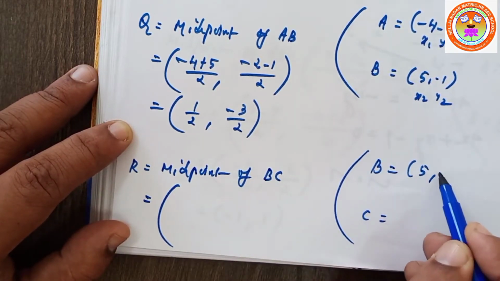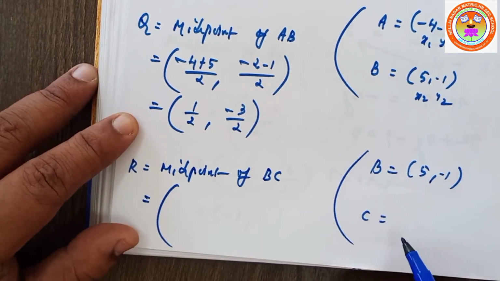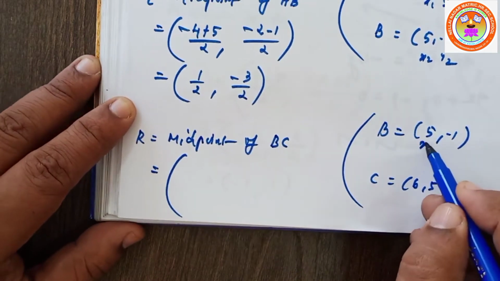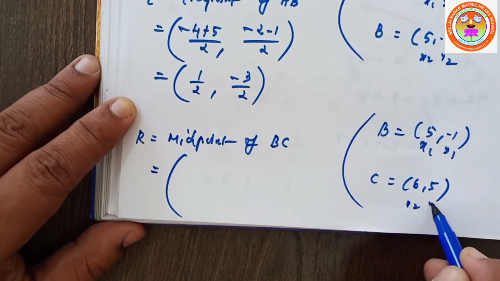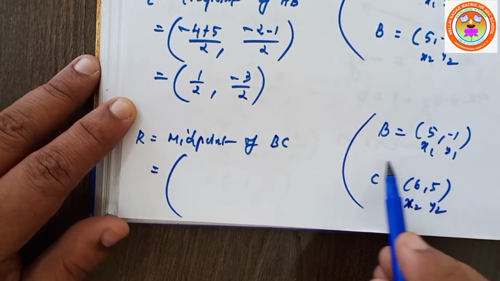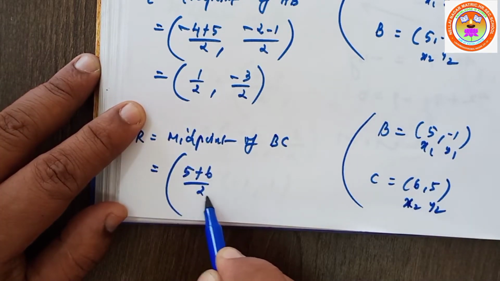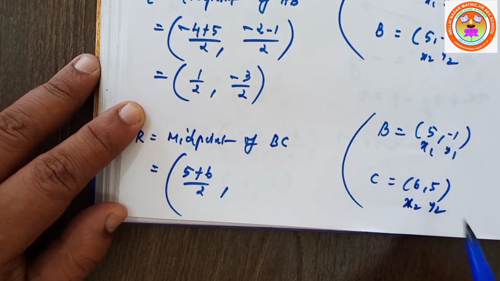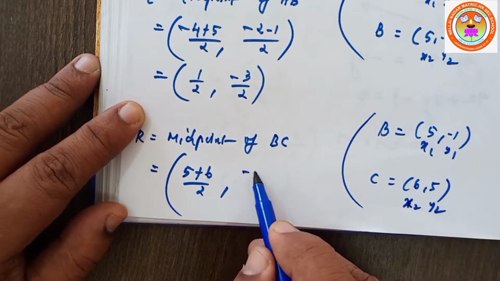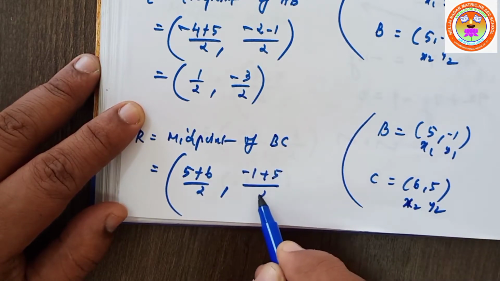B is (5, -1), C is (6, 5). This is x1 y1 x2 y2. Midpoint formula, you know that: x1 plus x2 by 2, 5 plus 6 by 2 comma -1 plus 5 by 2.